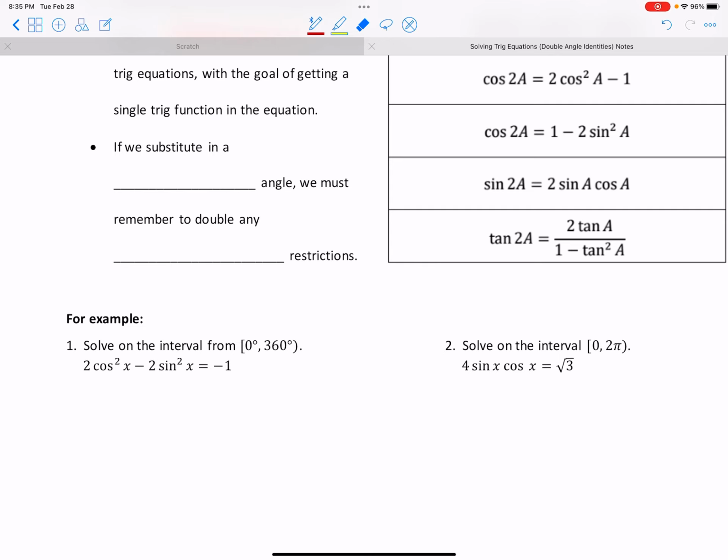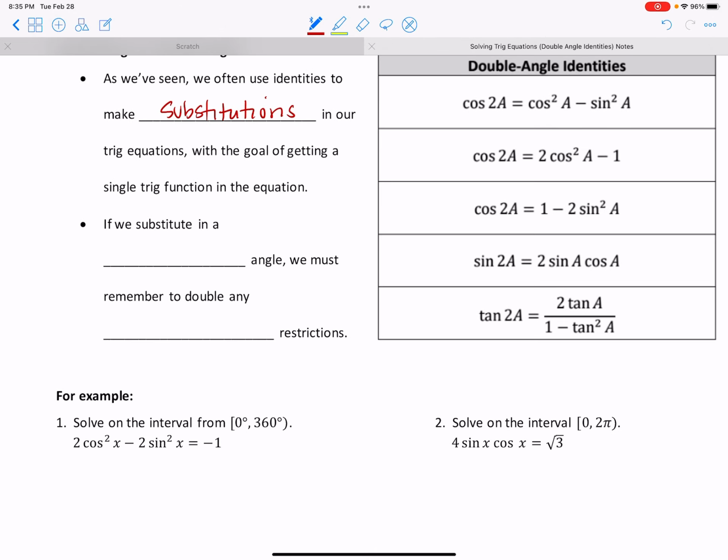So we've already seen the concept, right, of using identities to make substitutions. The thing is, now the identities that we're going to use are double angle identities. So if I substitute in a double angle, which is what we're going to see happen here, we want to make sure to follow the rules for solving when we have a double angle, particularly with the domain restriction.